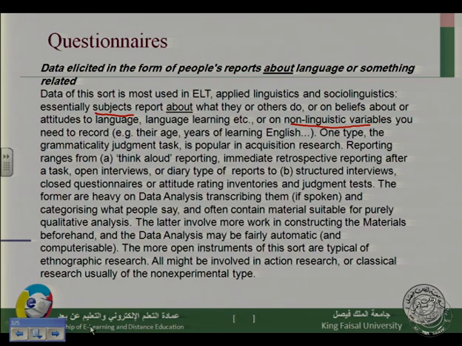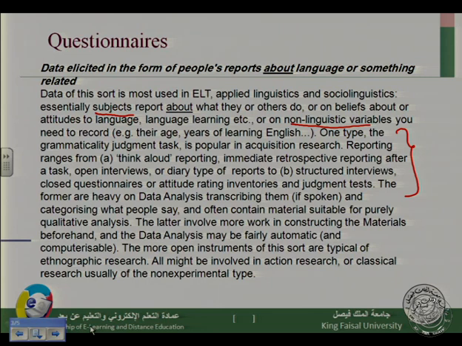So here we have different tools to collect the same information, but unfortunately we are not going to talk about them in detail. Why? Because I don't want to squeeze a lot of information in your head. It's enough for me that you know the advantages and disadvantages of questionnaires.